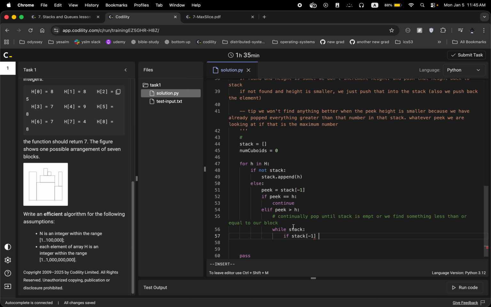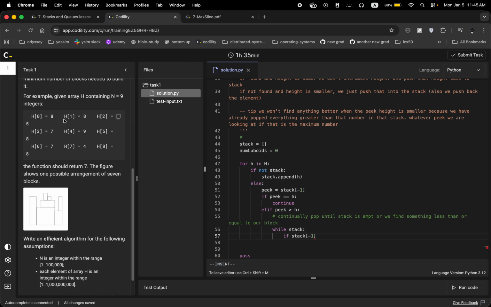Okay, so peak is greater than h, right? So that is useless now. We don't need the peak. I think we can just do popped equals stack.pop. And we continue this until stack is empty or we find a popped value.